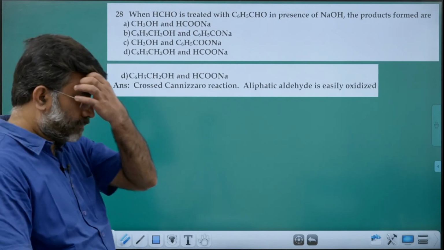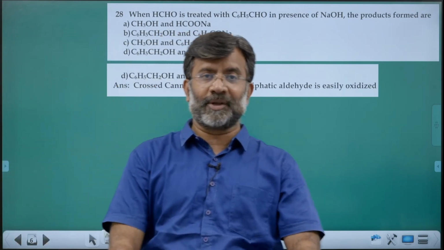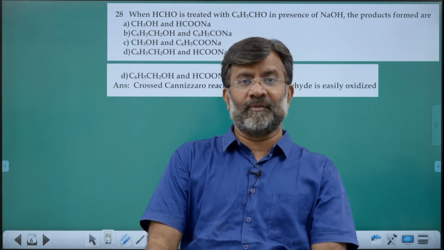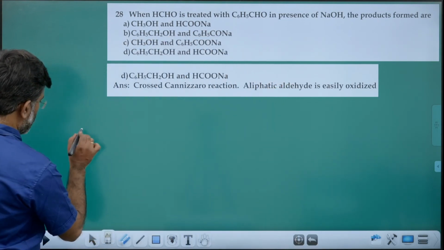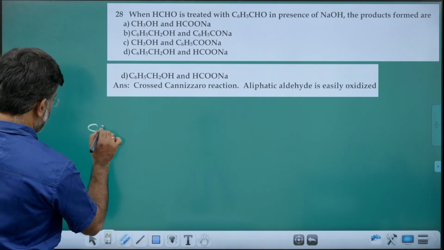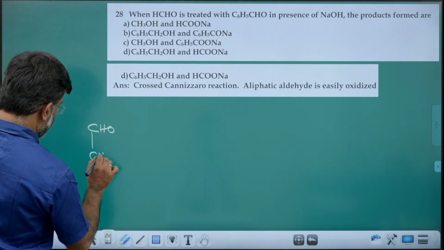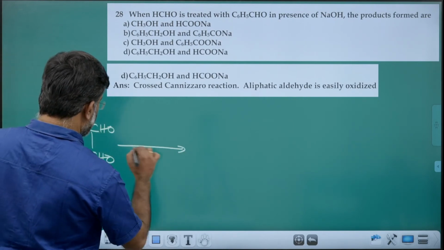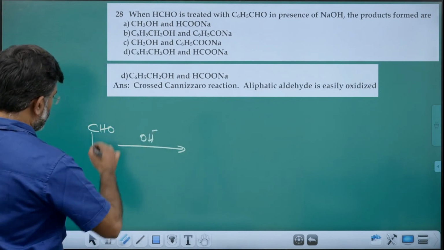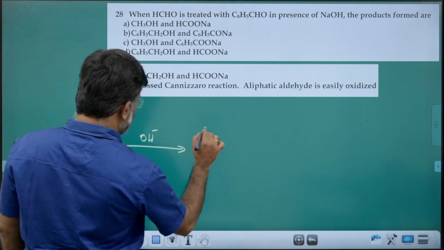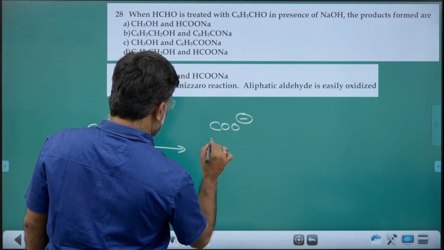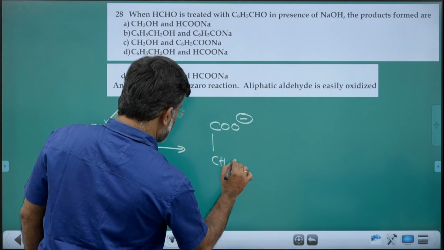Sorry, I said intramolecular. It's a cross Cannizzaro reaction. What is intramolecular? Suppose you are having a molecule like this, just imagine, with two CHO groups, when treated with an alkaline substance. One will be oxidized, one will be reduced. You get COO minus and CH2OH.